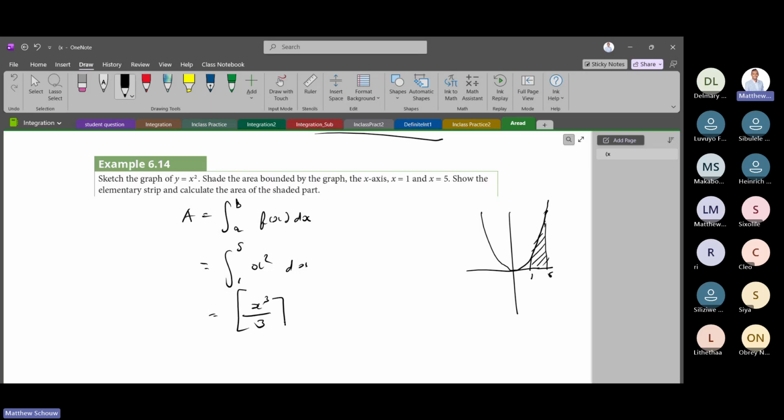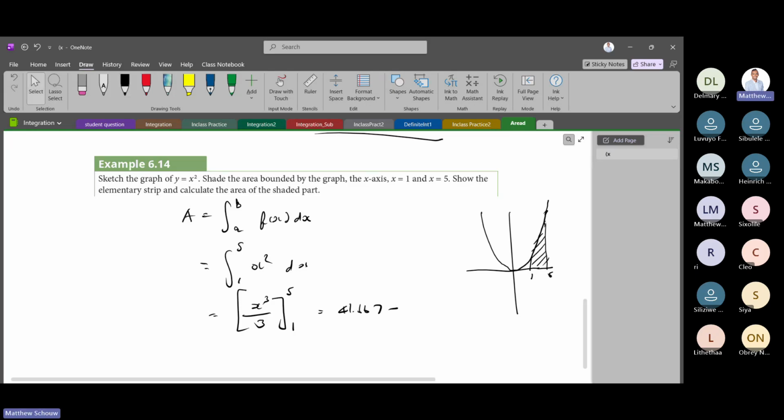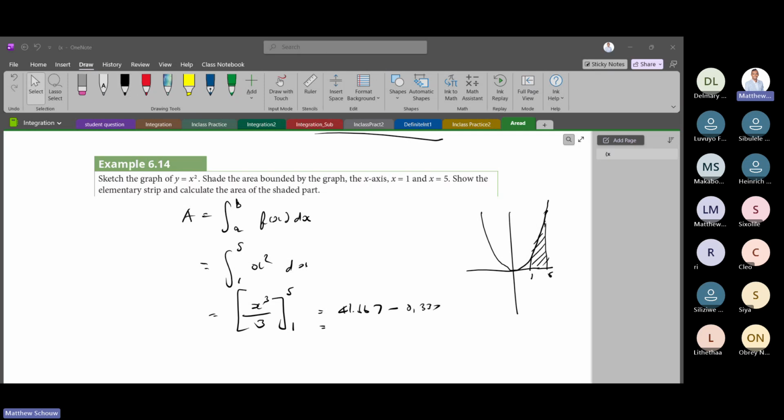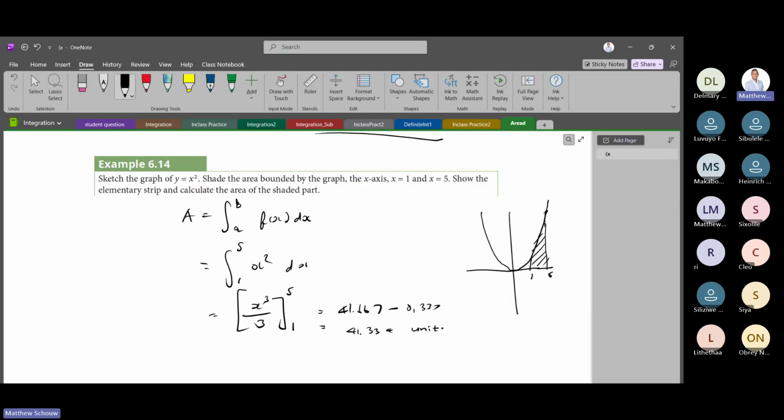And then we substitute the 5 and the 1. If you do that, the first one will be 41.667, and the second one should be 0.333. And then eventually you'll get an answer of around 41.334 units squared. Key: units squared. We're finding an area.